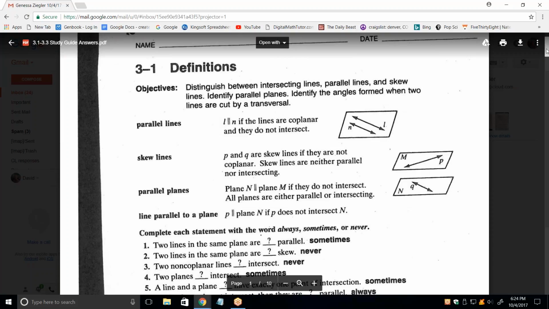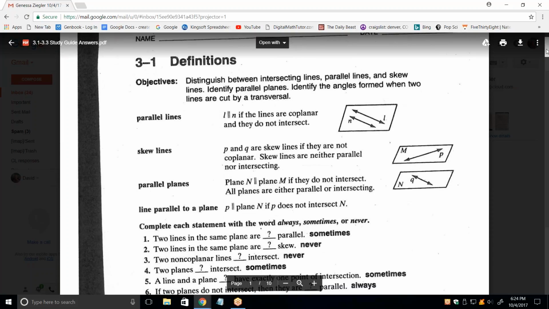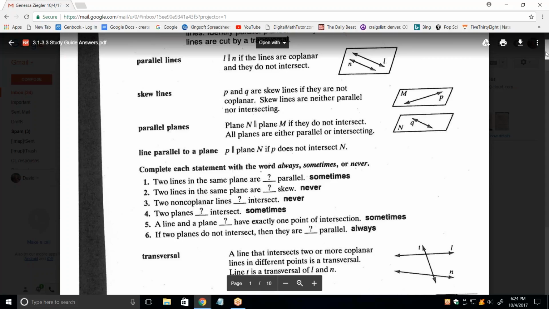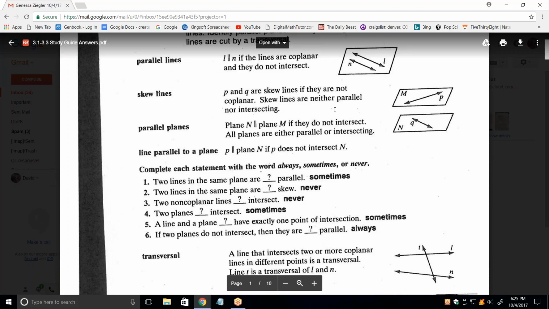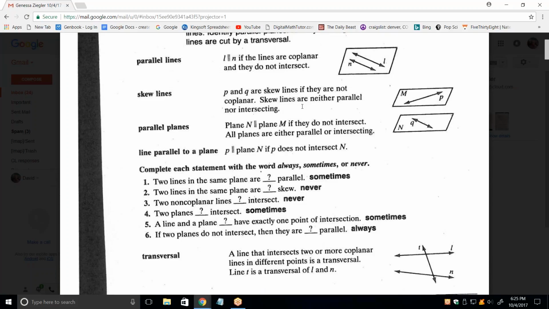So we've got parallel lines, we've got skew lines. Skew lines are not coplanar. That picture doesn't show it very well. In other words, you know what they mean by not coplanar? They're not in the same plane.